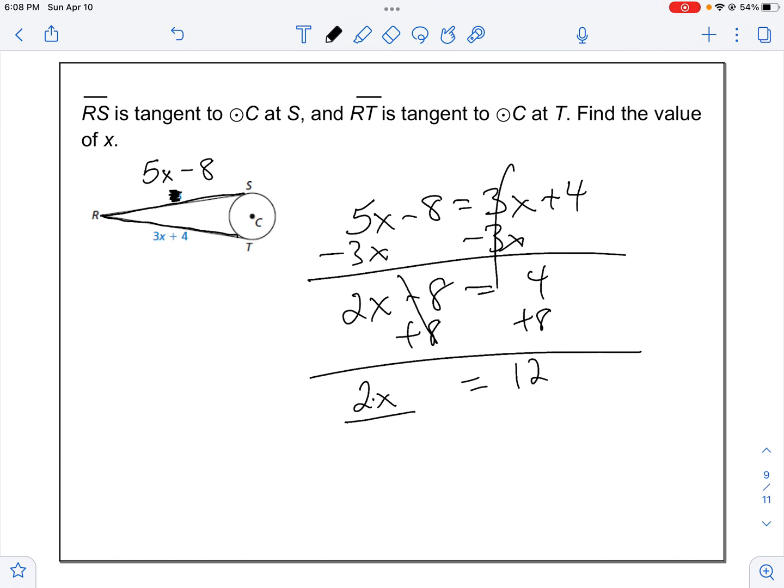And last step, do the opposite. We're multiplying here, so the opposite of that would be dividing. Okay, there you go. Really not a lot to that, just make them equal. Don't use Pythagorean theorem here, there's no triangle.